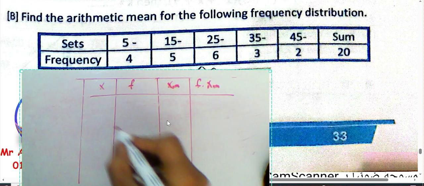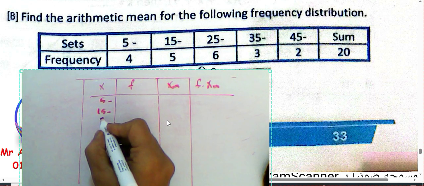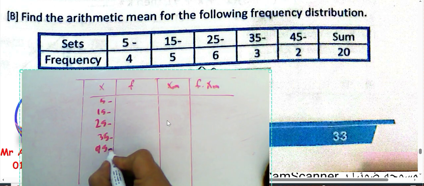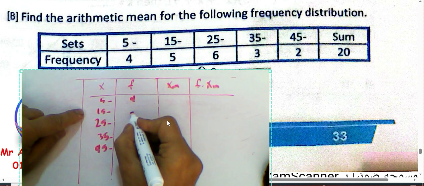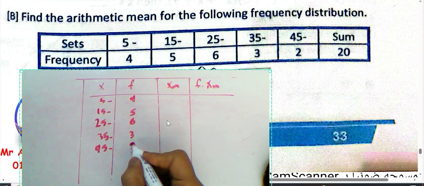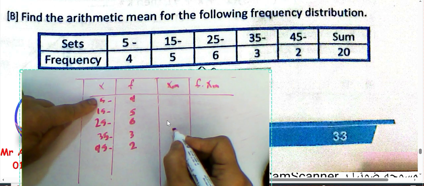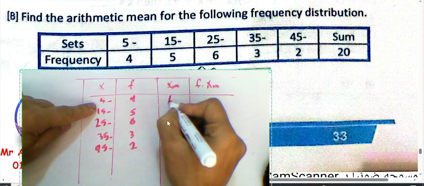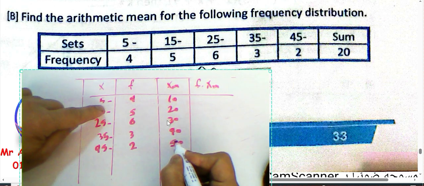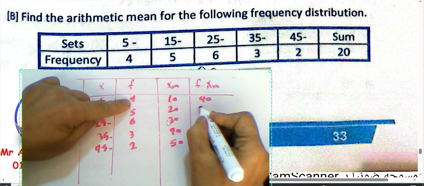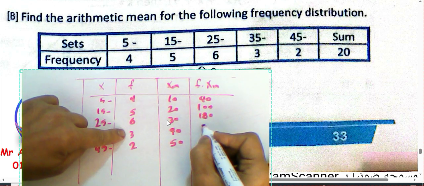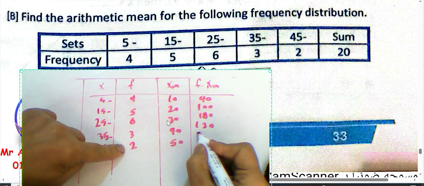First we have 5 to 15, 15 to 25, 25 to 35, 35 to 45, 45 to 55 and frequencies 4, 5, 6, 3 and 2. We can find the center between 5 and 15: 20 divided by 2 equals 10, then 20, 30, 40, 50. 4 times 10 is 40, 5 times 20 is 100, 6 times 30 is 180, 3 times 40 is 120, 2 times 50 is 100.